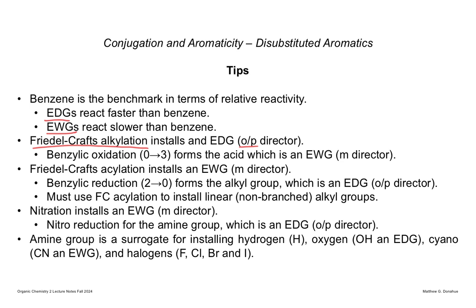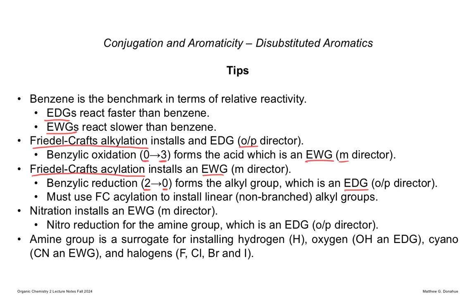We see that benzylic oxidation can change that oxidation state at carbon from 0 to 3. And now the acid is an electron withdrawing group, which is a meta-director. Friedel-Crafts acylation installs the electron withdrawing group. You can reduce that benzylic carbon from 2 to 0, and that switches the directing group ability.